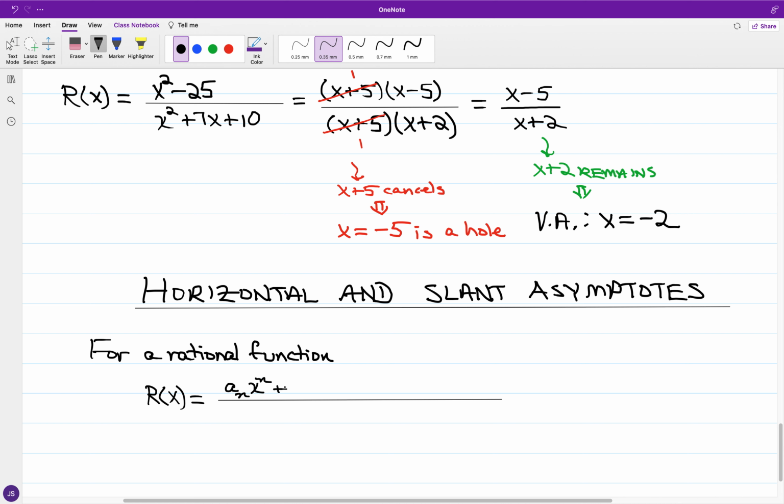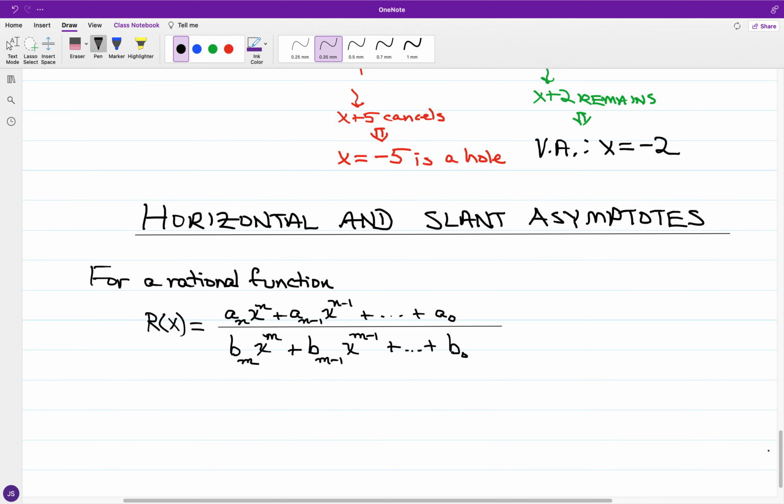So we have the polynomial again, so you have a of n times x to the n, plus a of n minus 1 times x to the n minus 1, and so forth, going out all the way to a constant, and we have over, b of m times x to the m, plus b of m minus 1 times x to the m minus 1, going out all the way to a constant, represented by b naught.